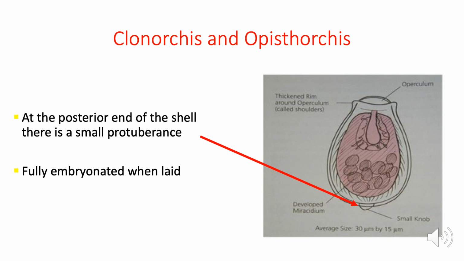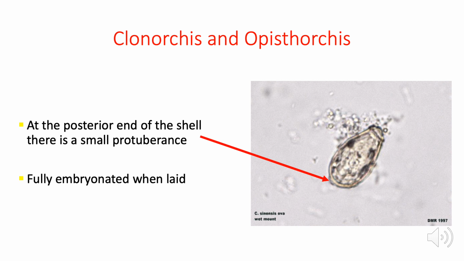So aside from the thickened rim on the eggshell where the operculum is fitted, it's also important to take note of the presence of a small knob or protuberance at the posterior end of the ovum. Again, the ova of Clonorchis and Opisthorchis have small knob structures or protuberances on their posterior ends.